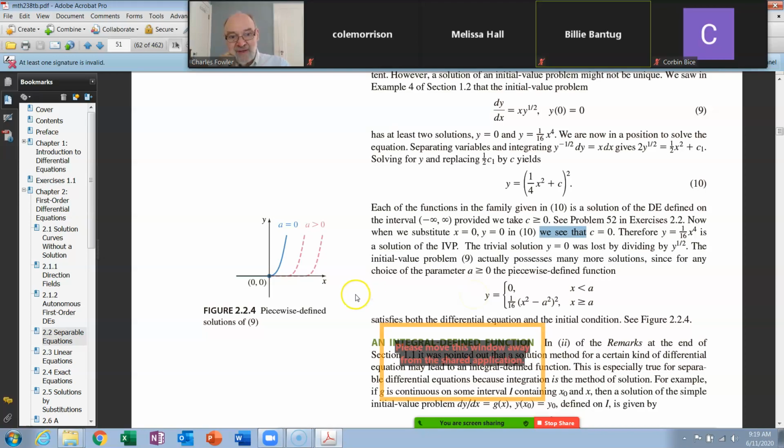But if you didn't call it C, well, actually factored out the 1/4 or 1/16 from it, and then had this as x minus a squared, where basically your C is related to a squared. Not exactly, but somewhat. There's a factor of 16 in there.